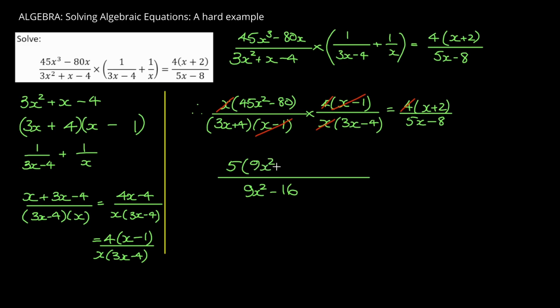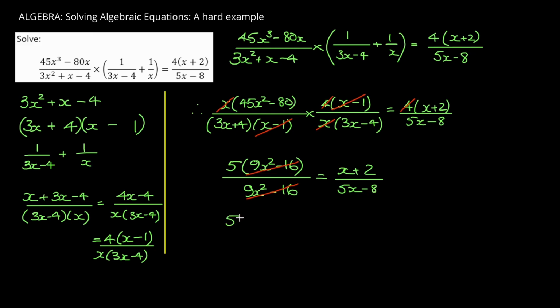9x squared minus 16. And this is equal to the right-hand side, x plus 2, divided by 5x minus 8. It means that the 9x squared minus 16 will cancel with the 9x squared minus 16 on the bottom. So all I've got to do is multiply both sides by 5x minus 8 and simplify from there.